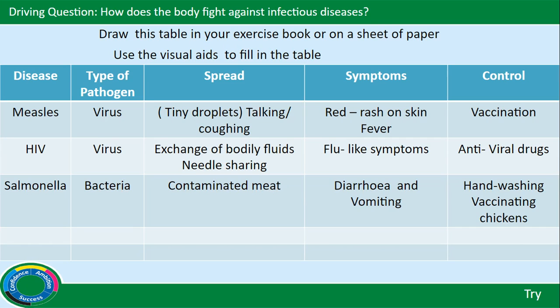So by now, your salmonella should be in your disease column. It's caused by bacteria, spread by contaminated meat. The symptoms are diarrhea and vomiting, and it can be controlled by hand washing, having good hygiene, and also by vaccinating chickens.